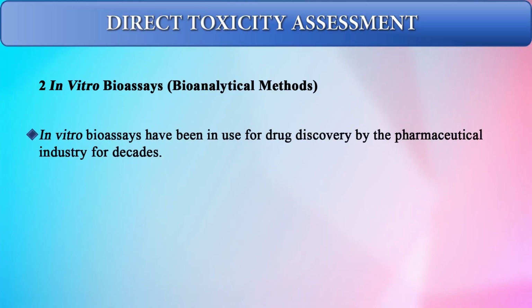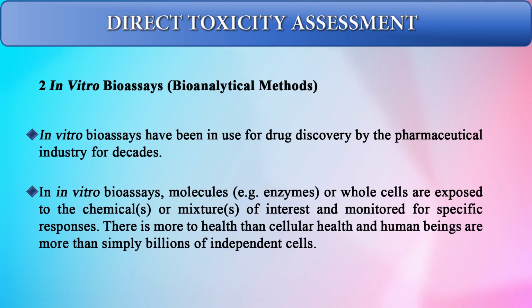The second direct method is in vitro bioassay or bioanalytical method. In vitro bioassays have been in use for drug discovery by the pharmaceutical industry for decades. In in vitro bioassays, molecules, for example enzymes, or whole cells are exposed to a chemical or mixture of chemicals of interest and they are monitored for specific response.